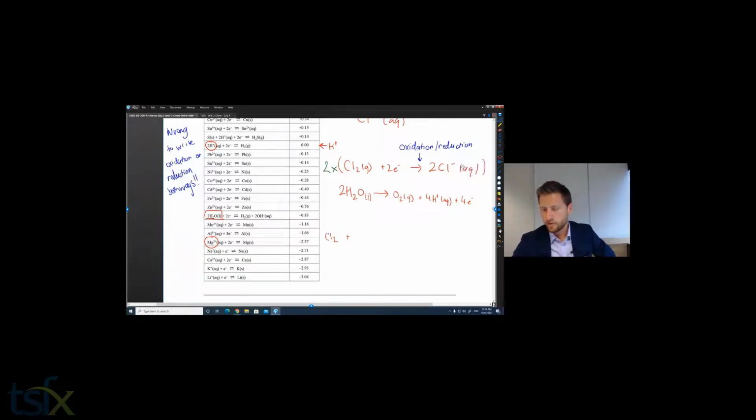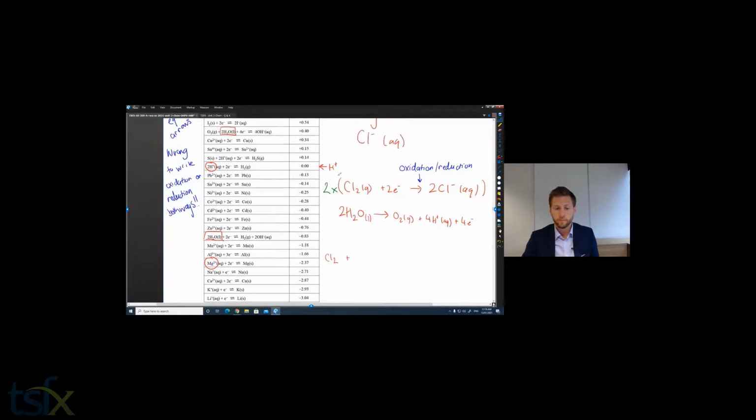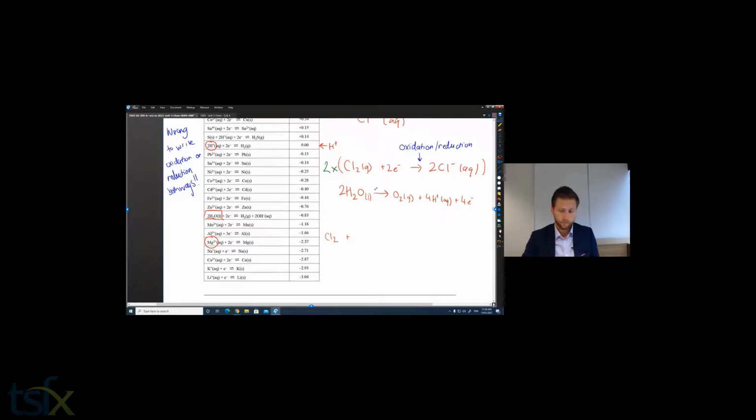I jumped ahead, but the first thing is that we should multiply this whole equation by 2. Why should we multiply that by 2? Yeah, to balance the electrons, because remember there's 4 electrons here and 2 electrons here. So in order to have them the same, we need to multiply this equation by 2.